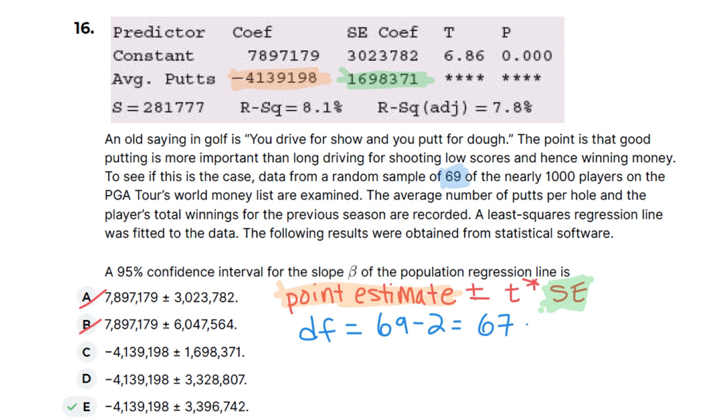But on our table, we are going to look up 60 degrees of freedom. You always round that down. So from our table, our t star ends up equaling 2.000, or just 2. So when I multiply 2 times that standard error, I do end up with E.